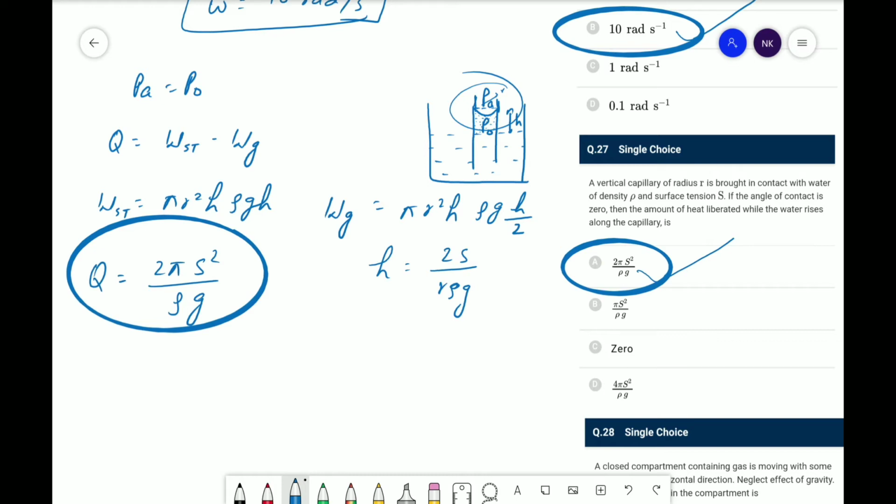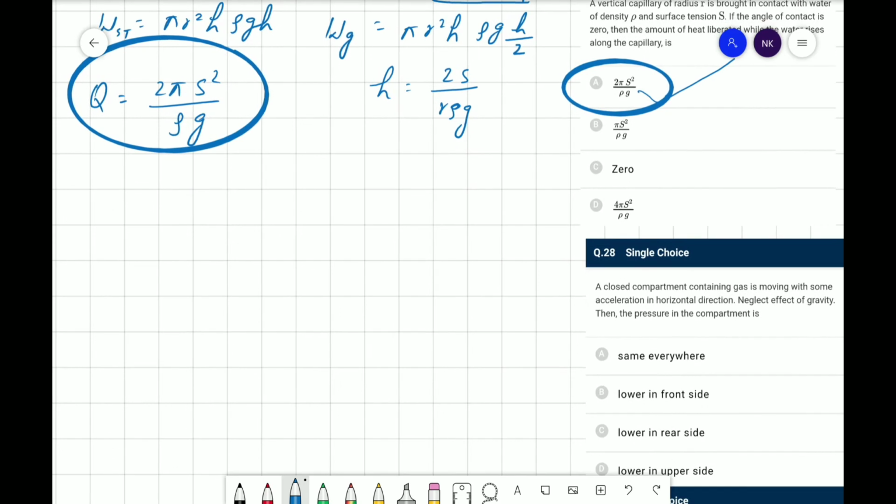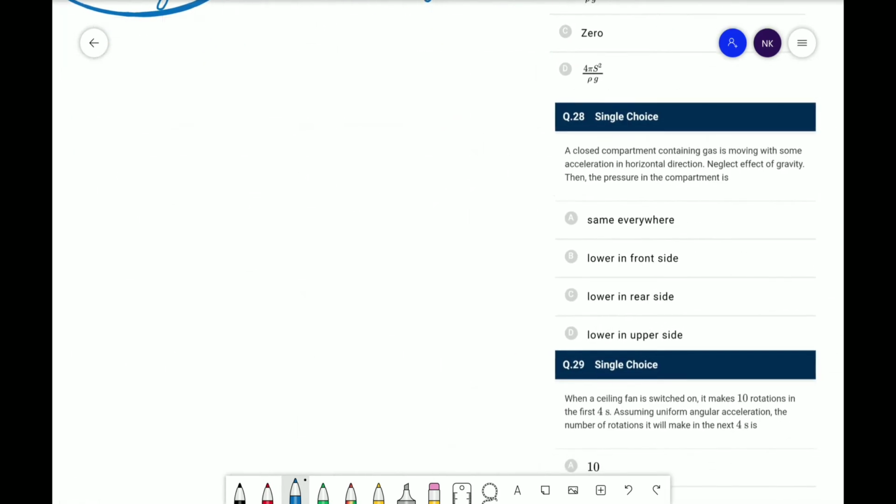Now in the next question, a closed compartment containing gas is moving with some acceleration in the horizontal direction. Neglect the effect of gravity, then the pressure in the compartment is. What will happen? Here you can see the compartment is moving with some acceleration in the horizontal direction.